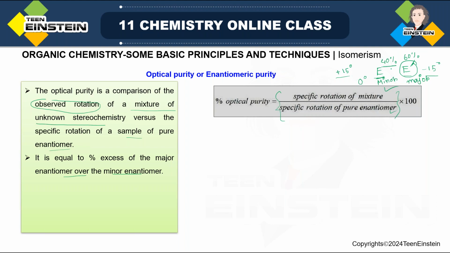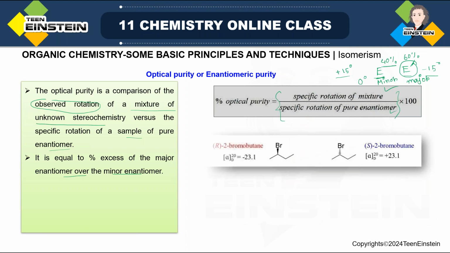Now what will happen to this 40% and 60%? If we say it in terms of an example, here you can see we have 2-bromobutane. This is 1, 2, 3, 4. At the 2 position there is bromine. So if bromine is above the plane, obviously hydrogen will be below the plane. And for this enantiomer, it will be opposite.